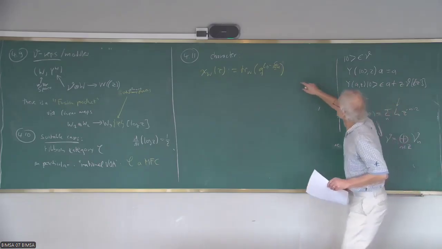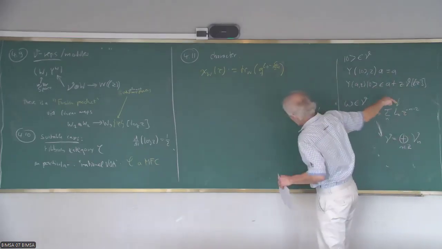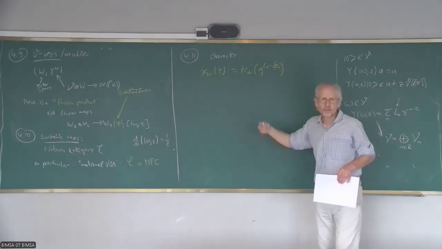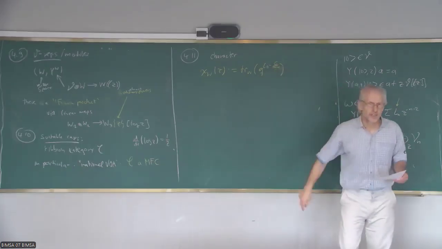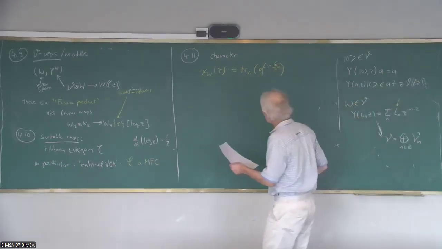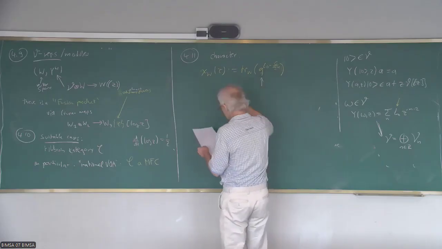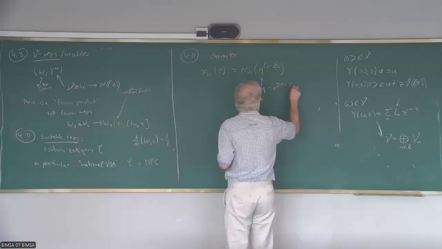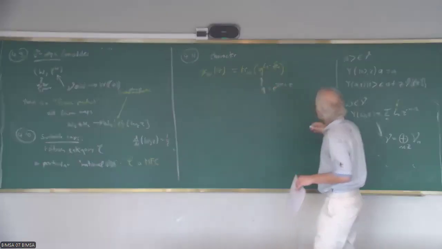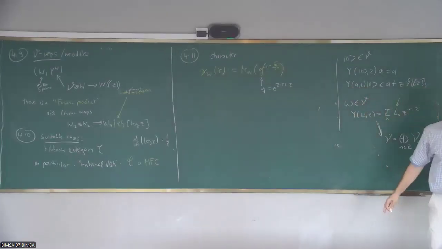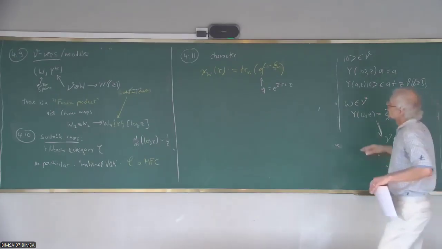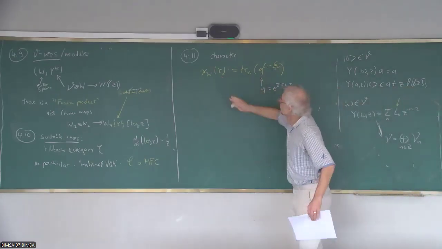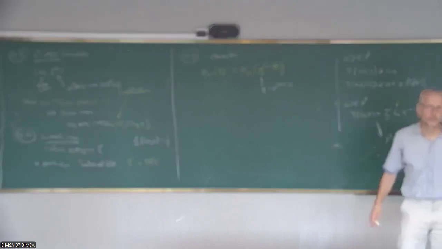So there is a central element which acts as a number c times the identity. And this q is related to tau by e to the 2 pi i tau. If I think of tau as a complex number, then under suitable conditions, these functions converge in the upper half plane.